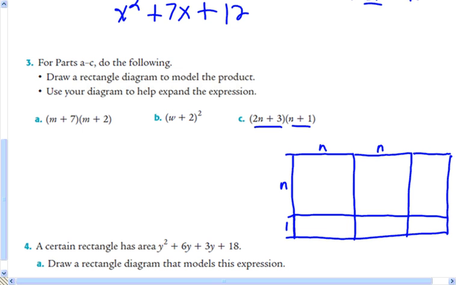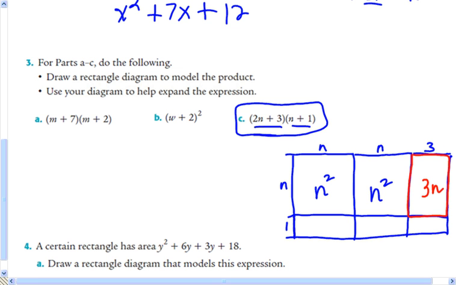So my one expression for the area is given right here. The other expression I can get by adding the parts. Well, these two things are squared, so those together make 2n squared. This rectangle right here in the end is 3 by n, so that area would be 3n.